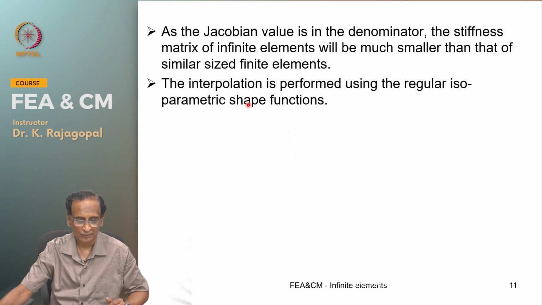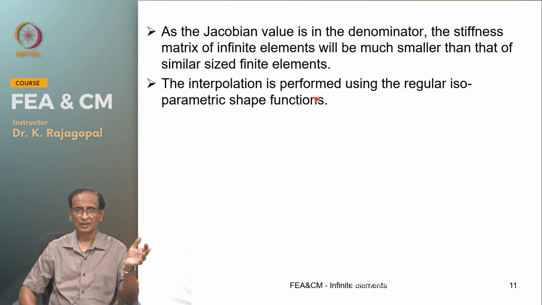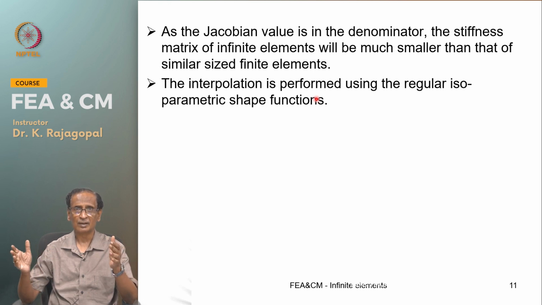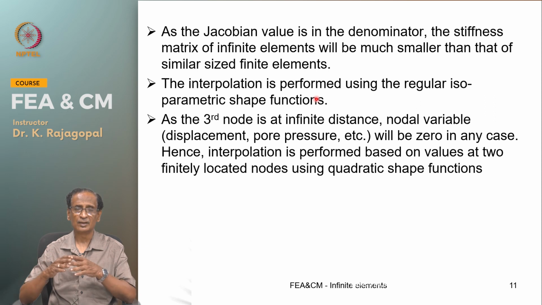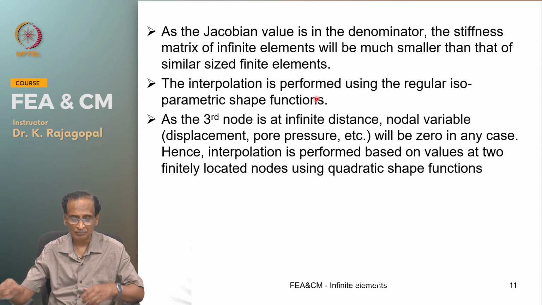For doing the finite element calculations, we can use the normal shape functions for interpolation. For interpolation of displacements or pore pressures, we can use the normal shape functions, and for forming the B matrix, we can use the singular mapping functions.